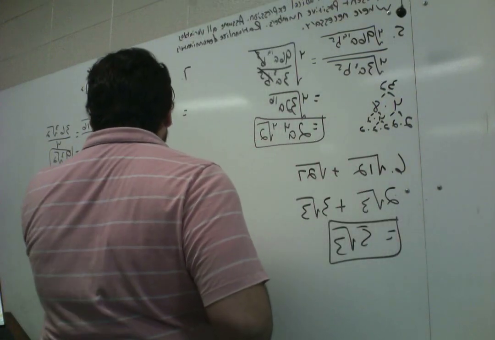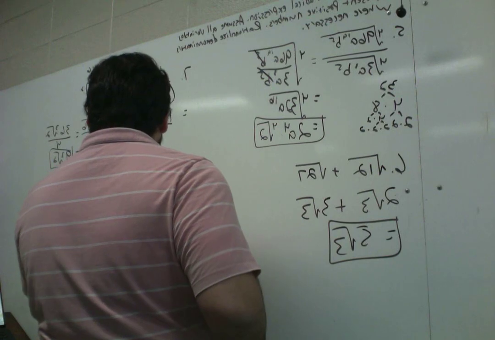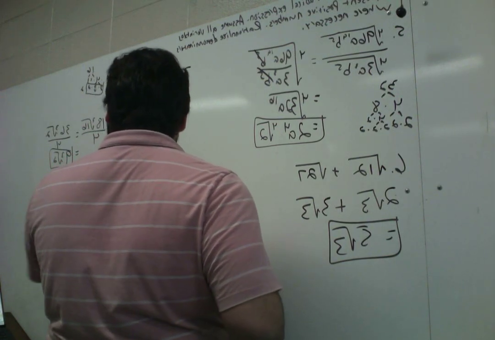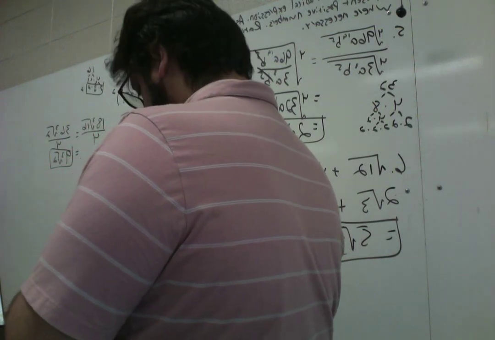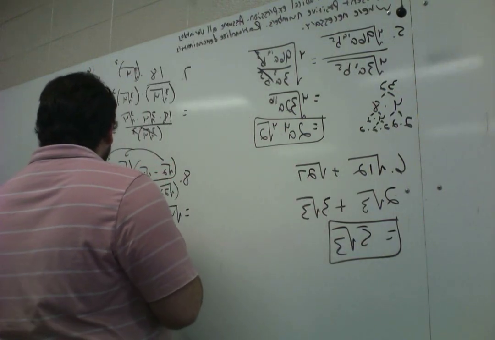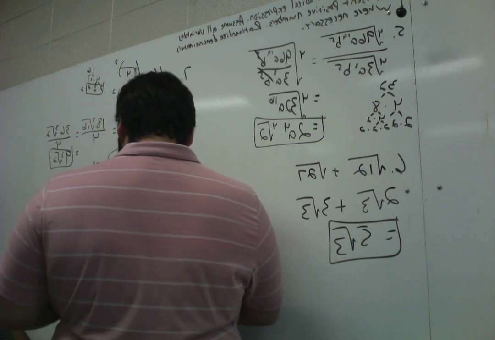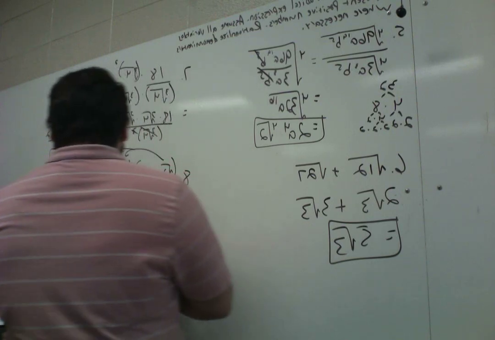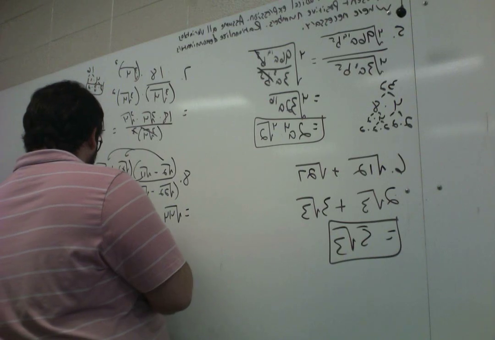So this is the square root of 44 plus the square root of 42 minus the square root of 242, minus the square root of 231.